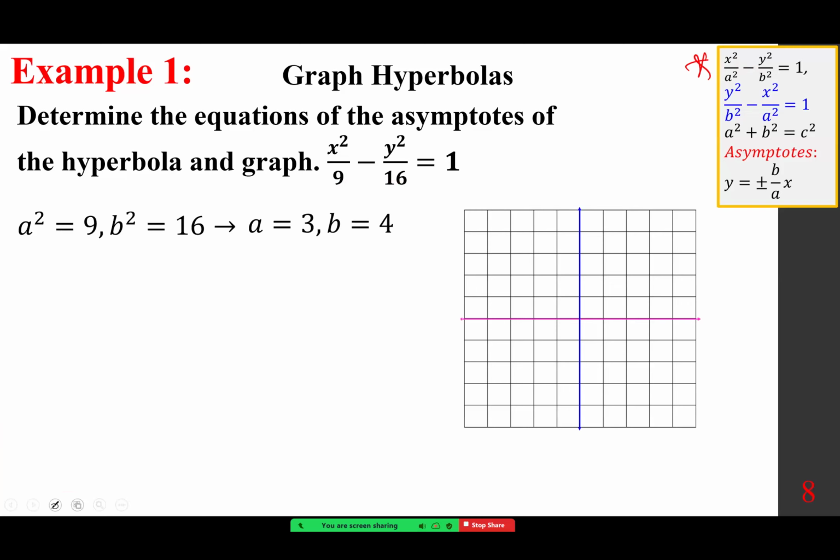It is centered at 0, 0. Because x squared over 9 is positive, the vertices are at plus minus 3, 0.